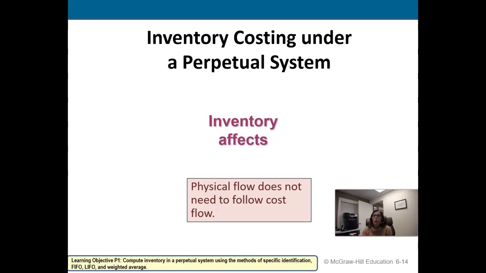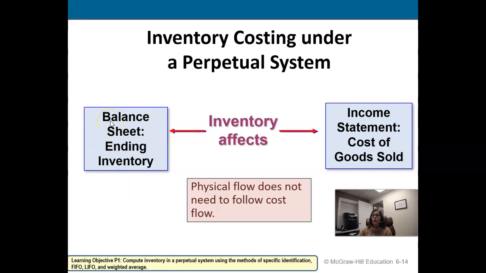We don't care so much about the physical flow, except maybe with perishable items, which we obviously want to sell the older stuff first before it goes bad. But the way that we track it doesn't have to follow the way that it moves in our door and into the customer's hands.